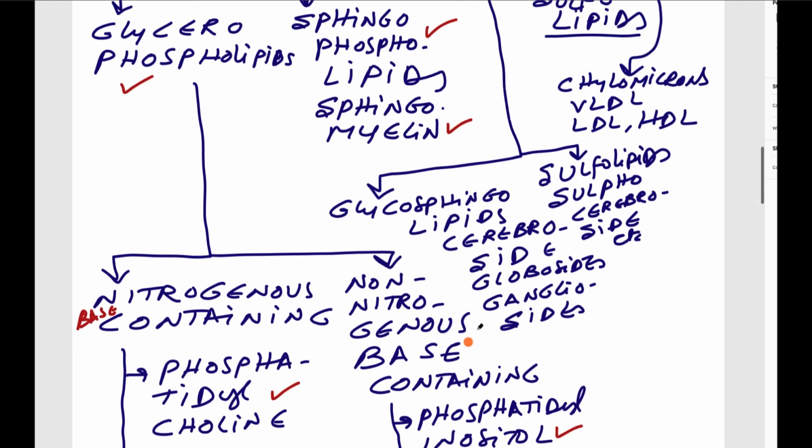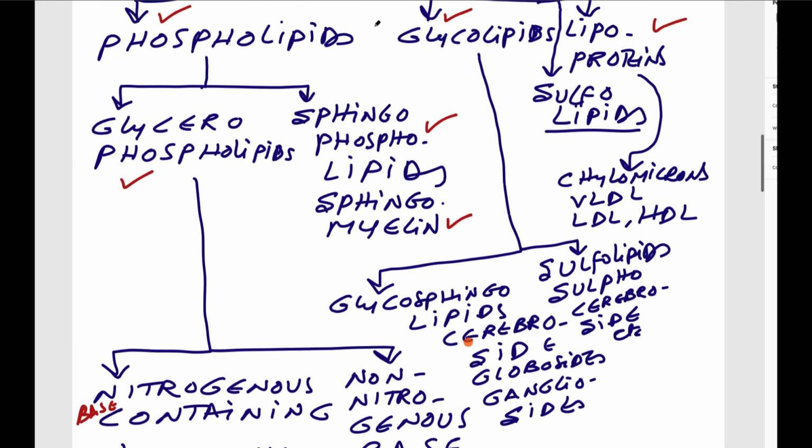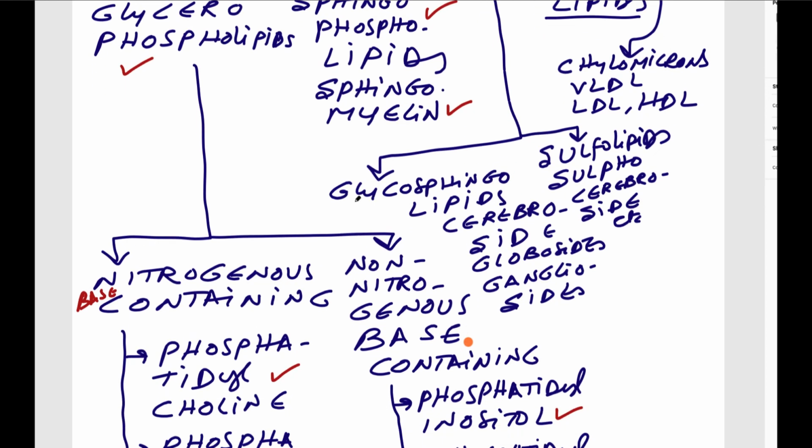Then we took up glycolipids. There are glycosphingolipids, such as cerebrosides, globosides, and gangliosides, and sulfolipids as a further subclass: sulfocerebrosides, sulfogloboside, and sulfogangliosides.